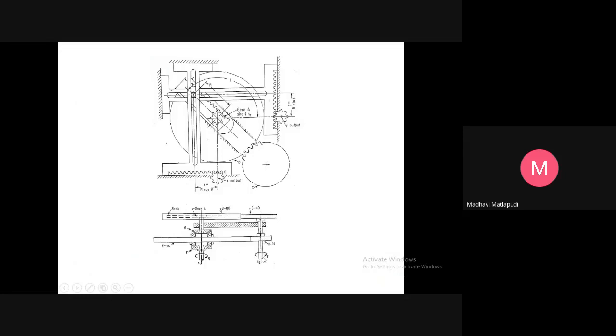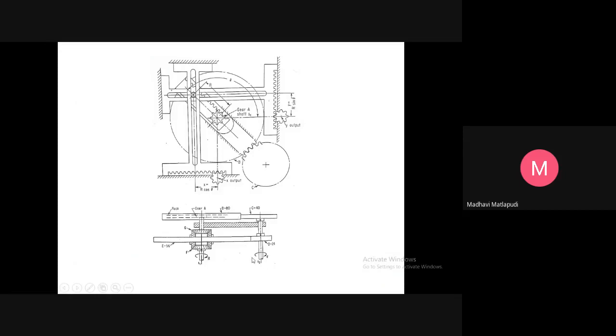And this reduction is of 2 to 1. At the same time, gear E, which is fastened to the arm of the differential, is turned by gear D in the same direction as gear B, but only half as far. So E and B are turned in the same direction, but only half as far.